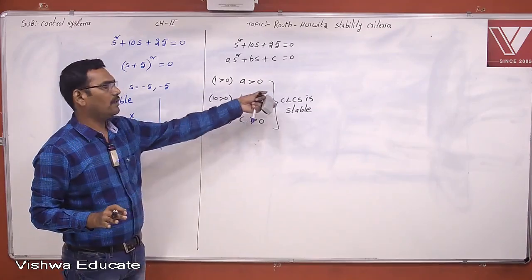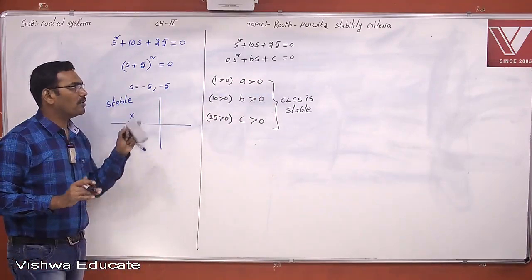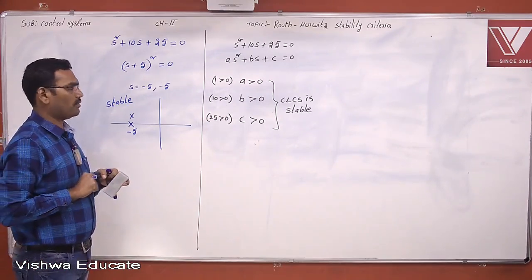Yes, if all are greater than 0, it is stable. And if we find the roots, we get the same answer, right? Okay, note down this.